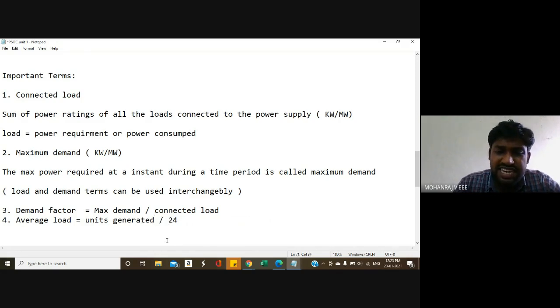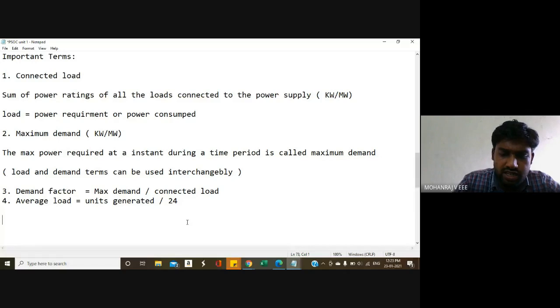So what is a unit? First we should know what a unit is. A unit is 1 kilowatt hour.